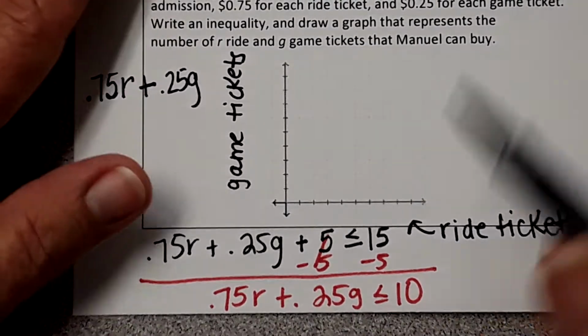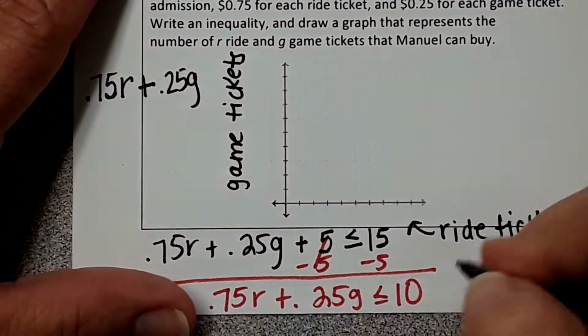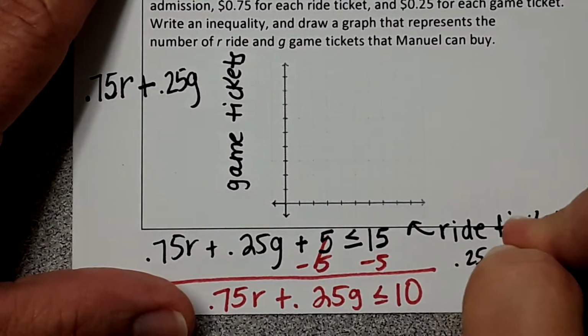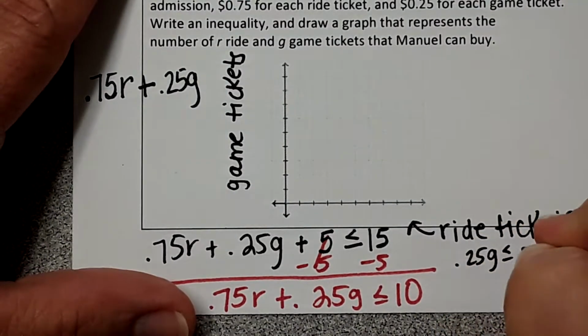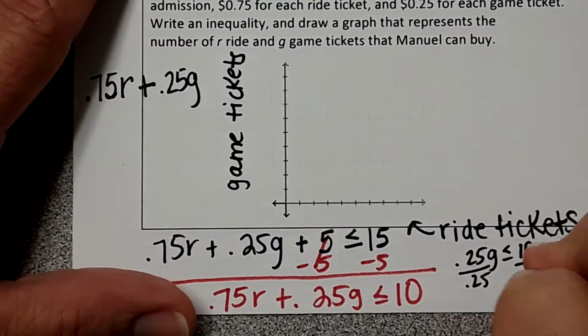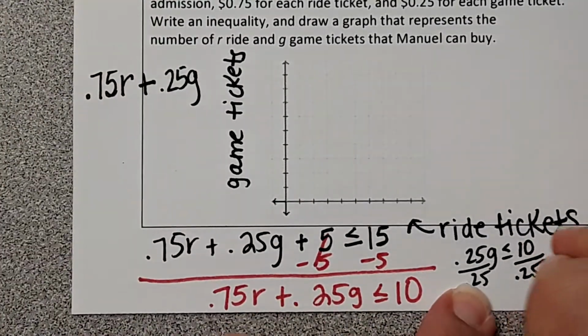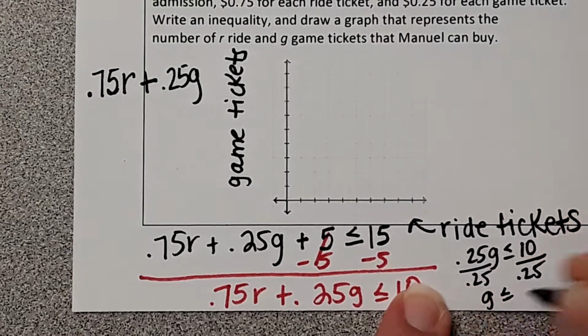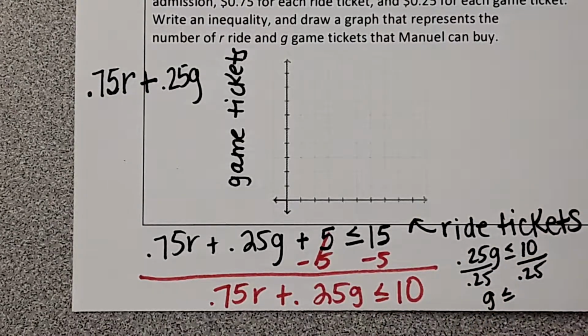So if I plug in 0 for R, I get 0.25 G is less than or equal to 10. Divide by 0.25. And how many game tickets can we have?